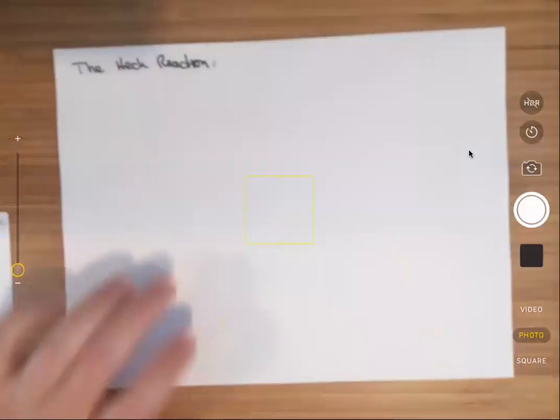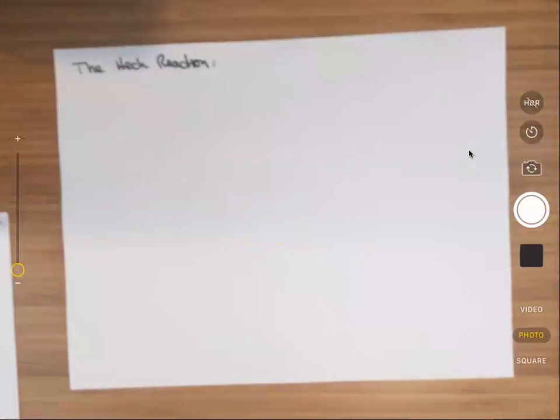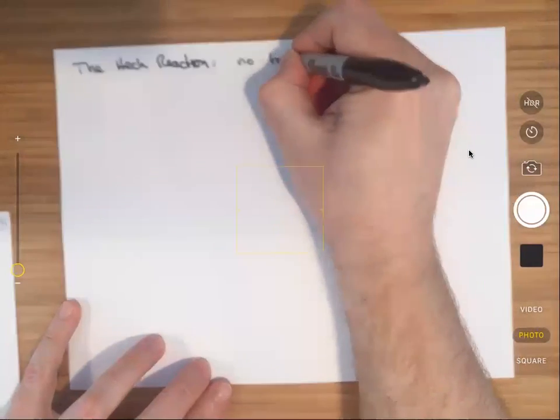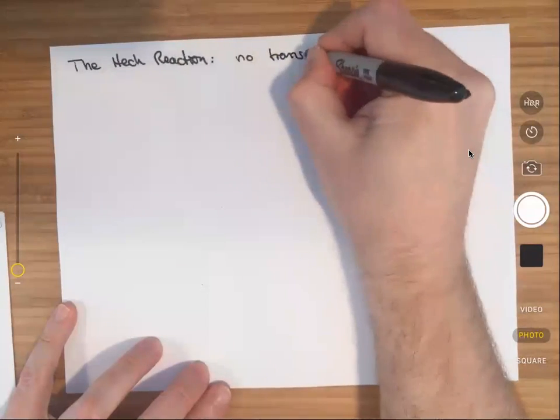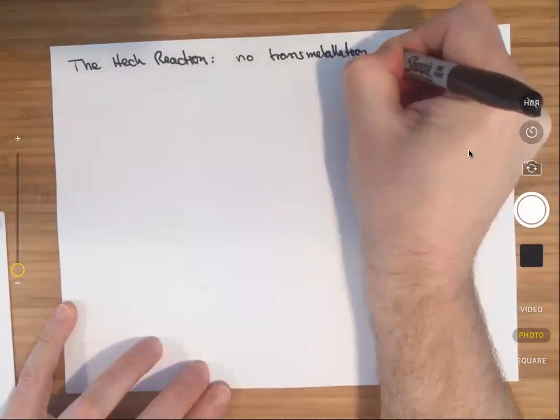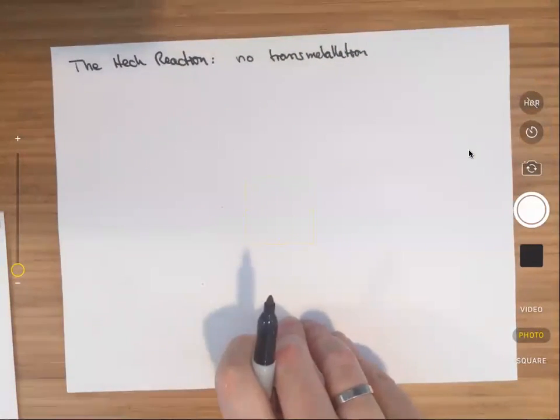So the interesting thing with the Heck reaction is that you do not have a transmetallating species present here. So this thing works without actually having to use a transmetallating agent. So no transmetallation in the mechanism.